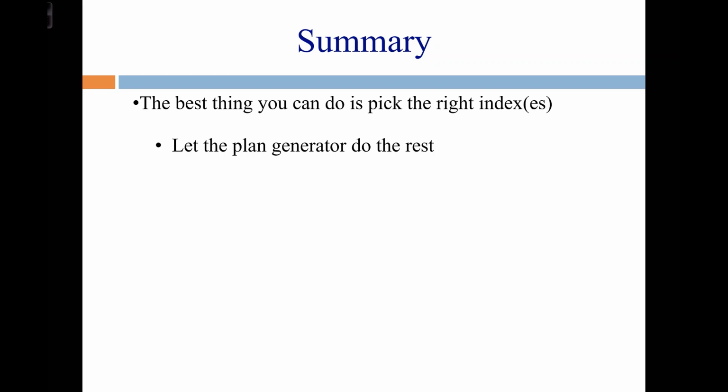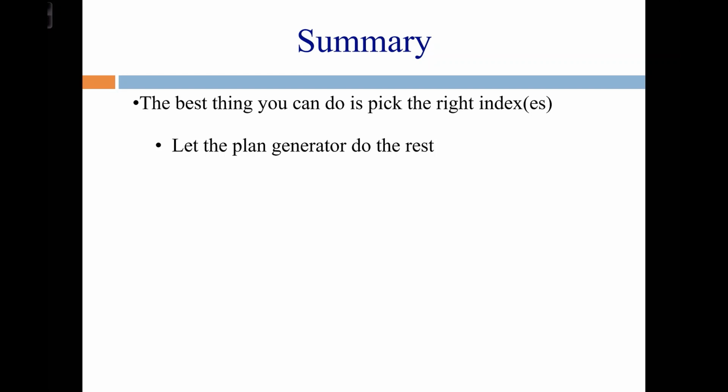So finally, what to take away from all of this? The best thing you can do is pick the right indexes. You have to think about how the plan generator works, though, in order to pick those indexes. And then you can verify that you picked the right ones by looking at the plan and profiling it.